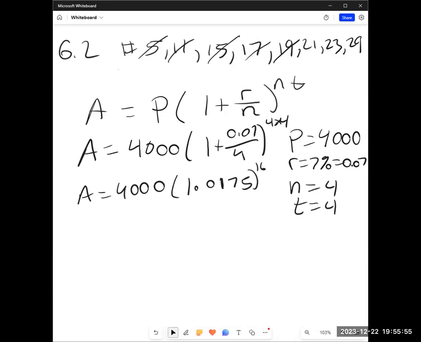So there are some problems you have to use the calculator for in this class. This is a good example of one of them. 4,000 times, let's just check that before I go any further.